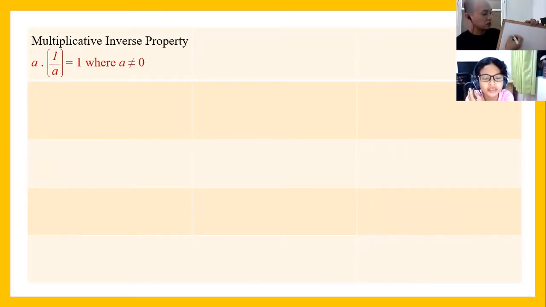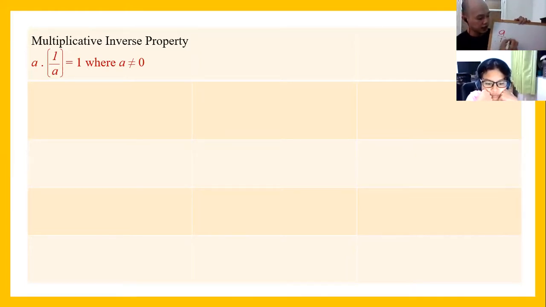So, multiplicative inverse property. As you know, if it is like this, then the denominator is equivalent to 1. It's understood over 1. So when the denominator is 1, actually you don't need to write 1 anymore. So you just write A, for example.